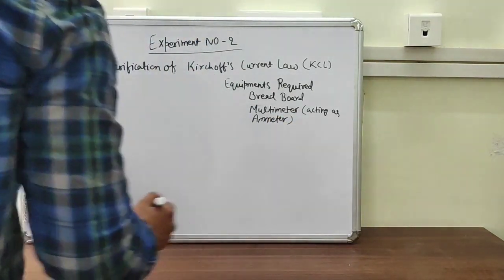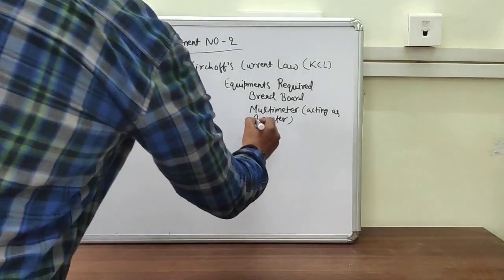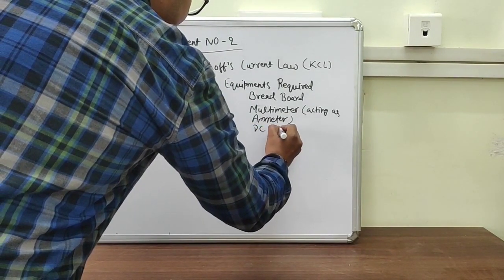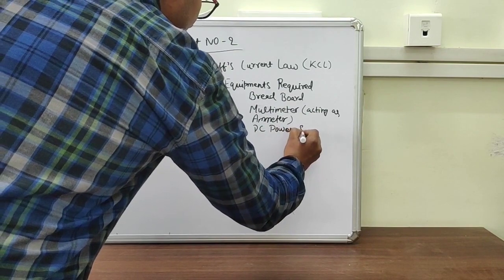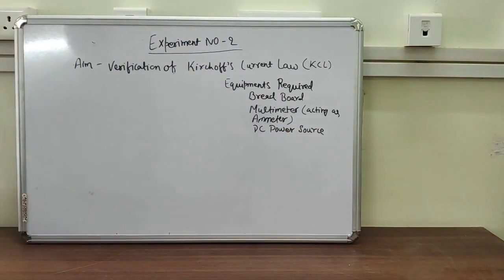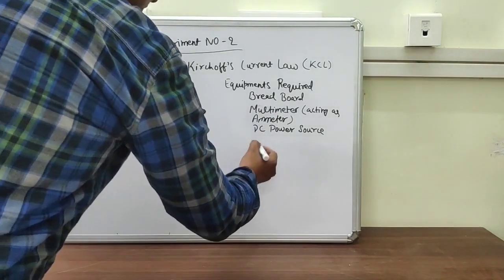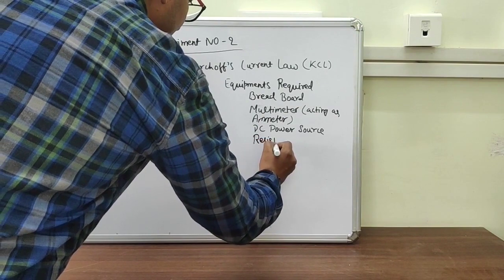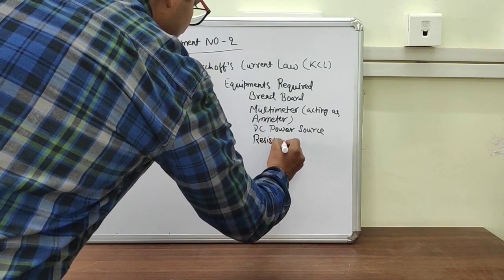The third one which we need is our DC power source. We also need resistors.